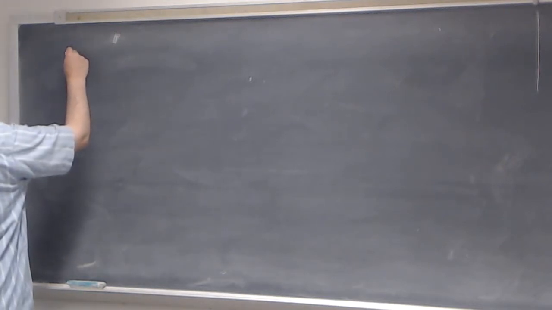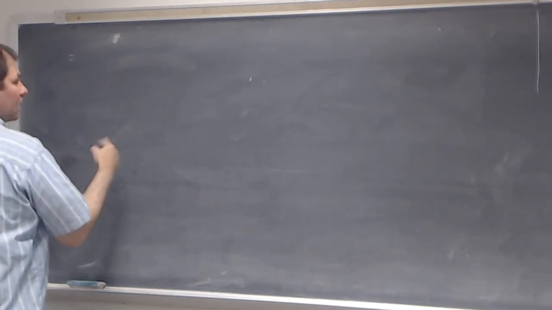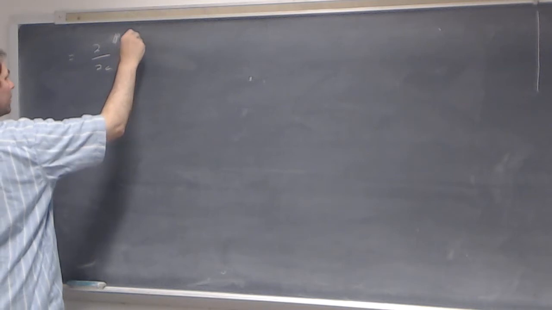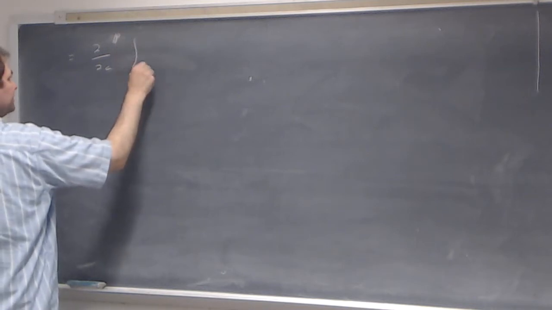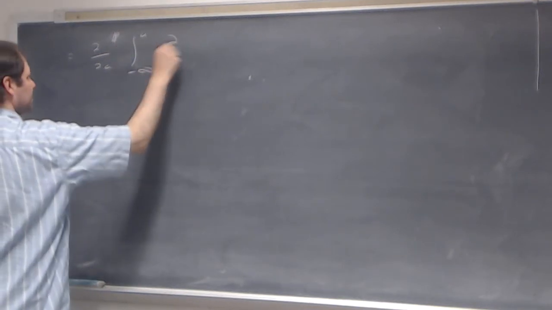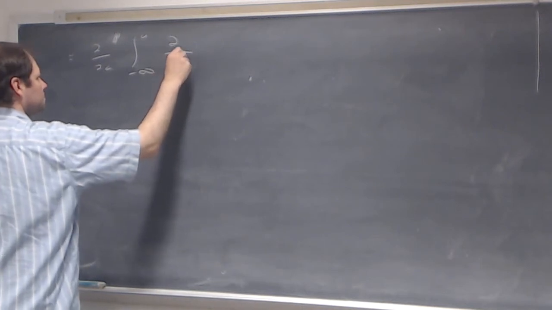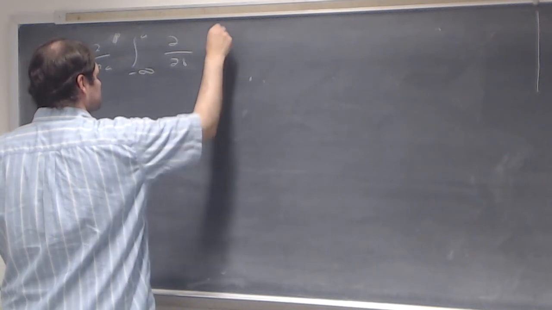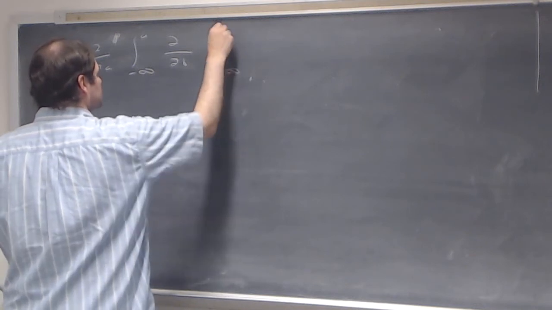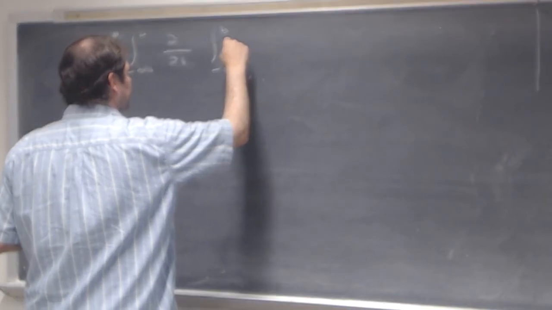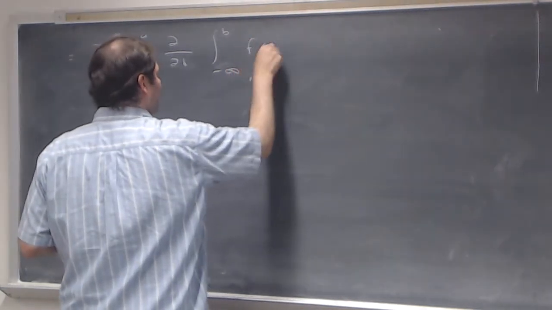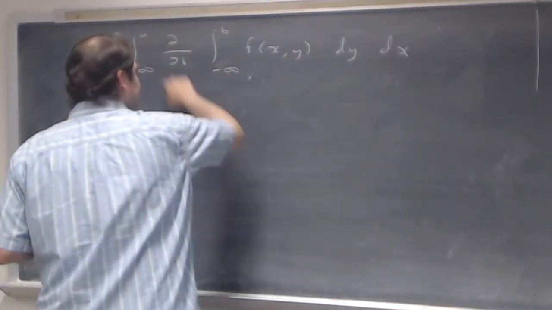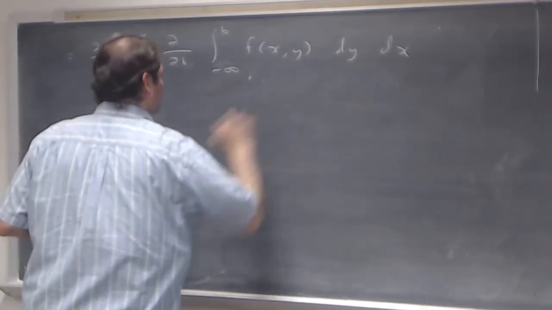And then that's going to be equal to moving the derivative, one of the partials, inside the integral. So here, from minus infinity to a, now I'm going to take this partial derivative, and here this is f of x comma y dy dx. Okay, look at this integral.